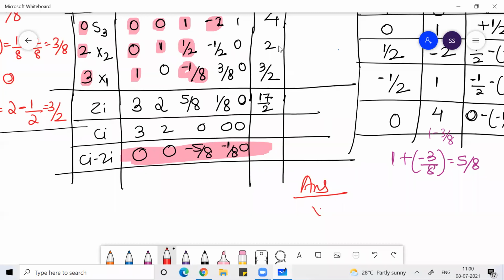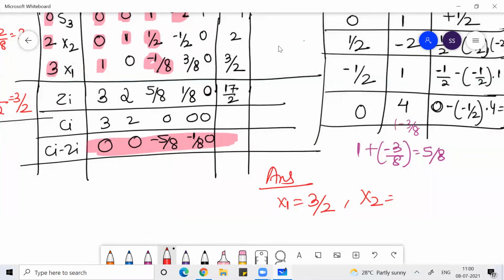The value of x1 is 3 by 2, the value of x2 is 2, and the value of z is equal to 17 by 2. So you got your optimal solution.